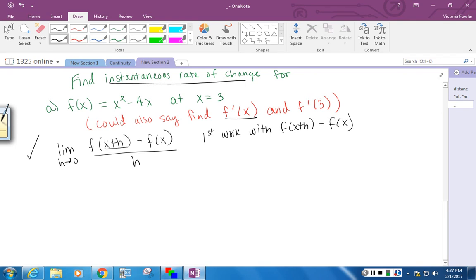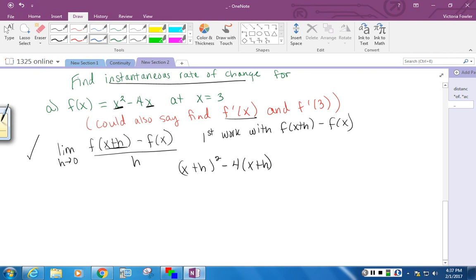So f of x plus h says everywhere in my function where there's an x, I'm going to replace it with the quantity x plus h. So f of x plus h would say x plus h all squared, because I'm replacing x with x plus h, minus 4 times the quantity x plus h, because I'm replacing x with x plus h. So this, written here in black, is f of x plus h.